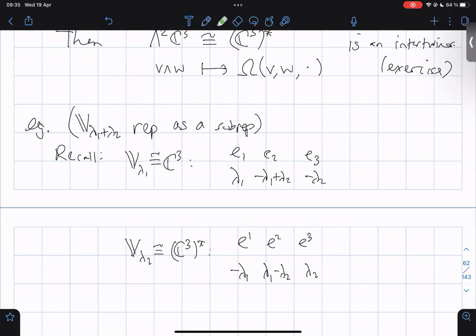Which one is your highest weight? The highest weight is this one. Here the highest weight is this one. These are the only dominant integral weights. Remember, highest weights have to be dominant integral.